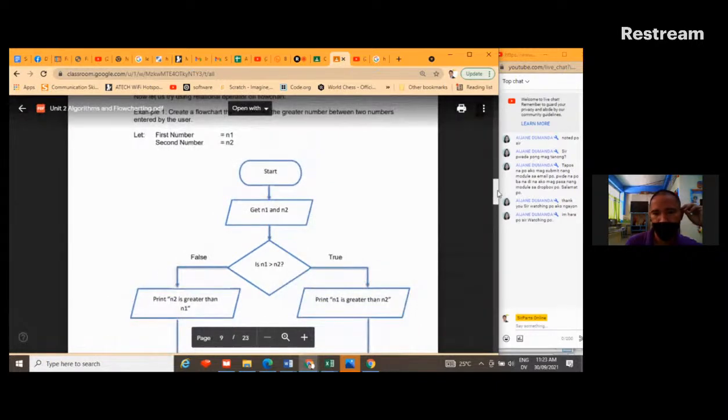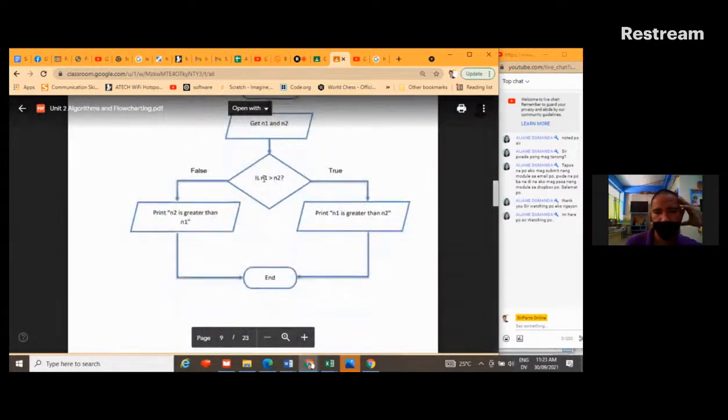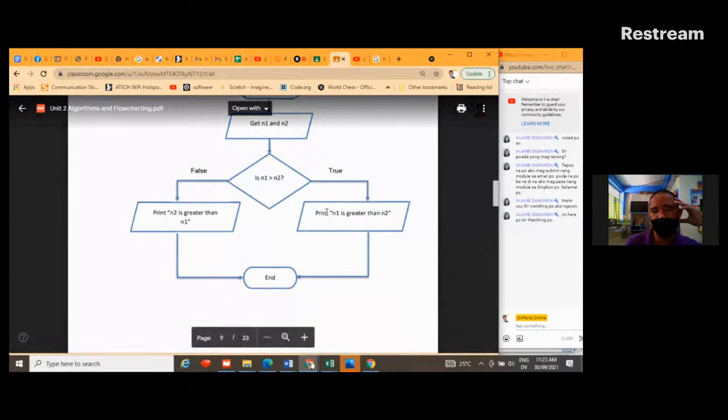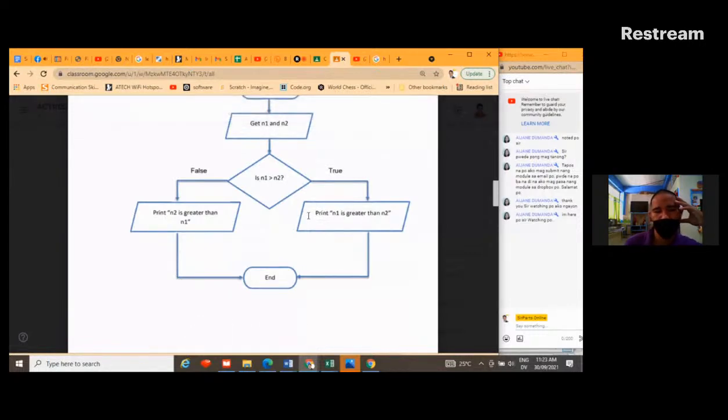After that, you have the decision: Is N1 greater than N2? If that is true, you follow the flow line, then print N1 is greater than N2. You can also use the word Display. Display and Print are just the same.